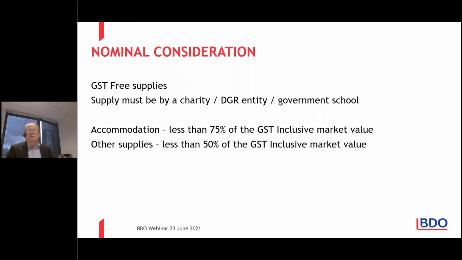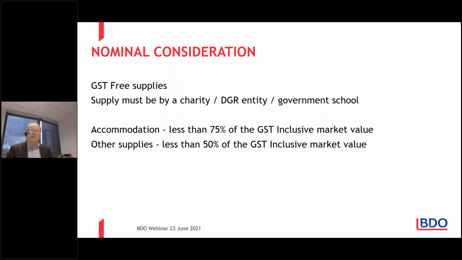So it's not the fact that, oh, we're a charity, therefore we qualify, because being the endorsed charity merely allows you to enter the gate and then see whether you qualify or not for the particular transaction.